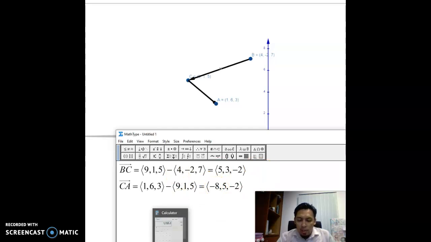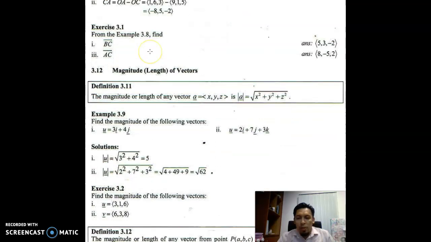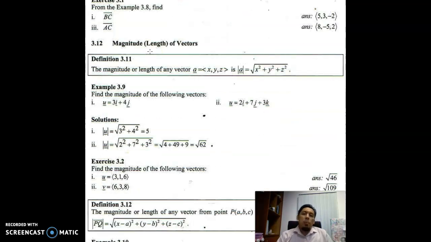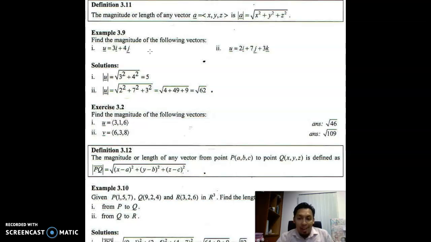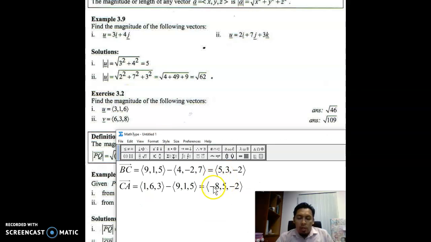So let's look at another example on magnitude. Okay, let's look at magnitude. What does it mean by magnitude? Really, length, right? Length. So they want us to find the magnitude. Now let's use our previous example to find its magnitude.